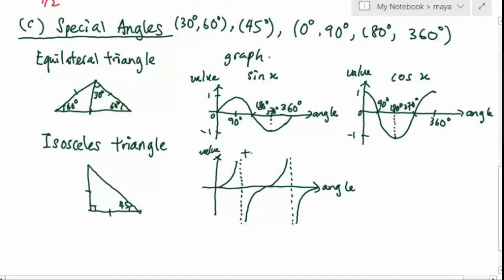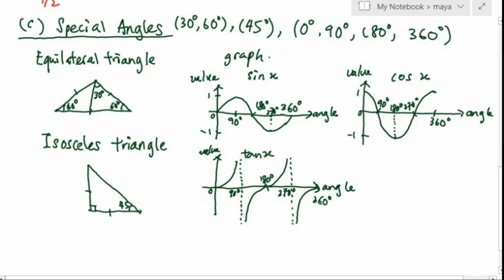So for tangent x, you'll notice that starting from 0, when you have 90 degree, it is undefined because we don't have any graph here. And then 180, still 0. And then 270, it will be undefined. Lastly, here 360.